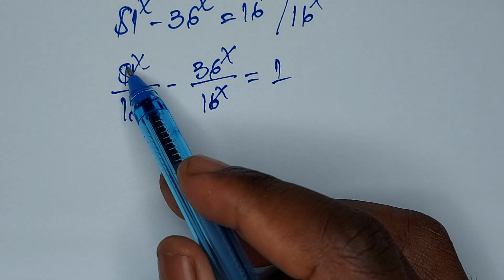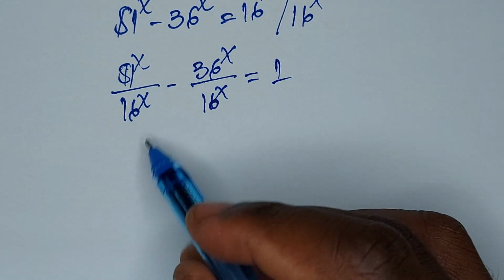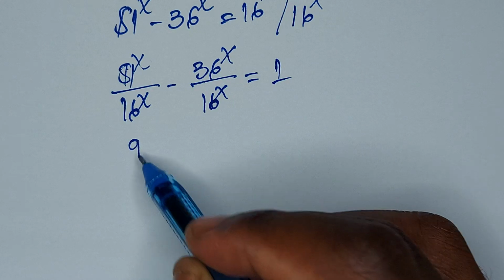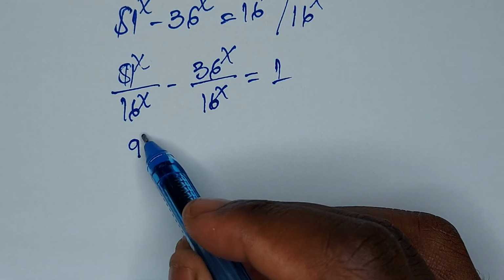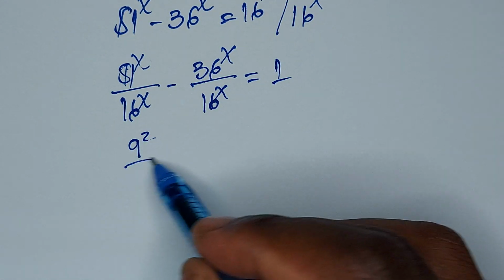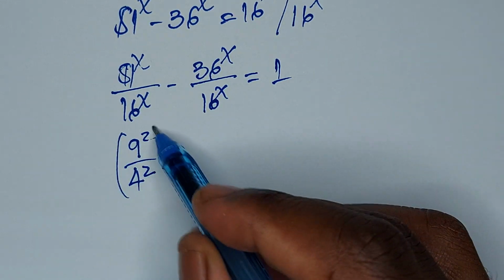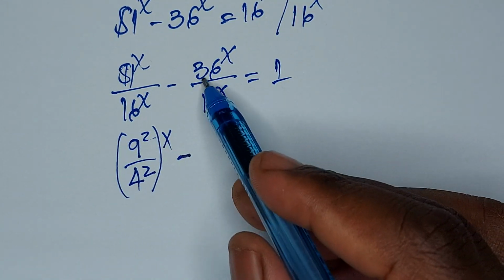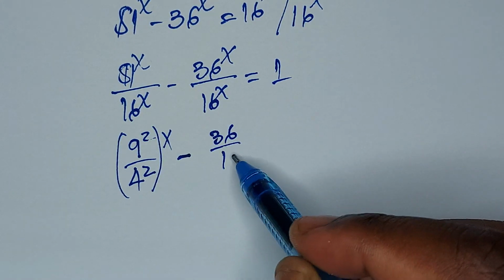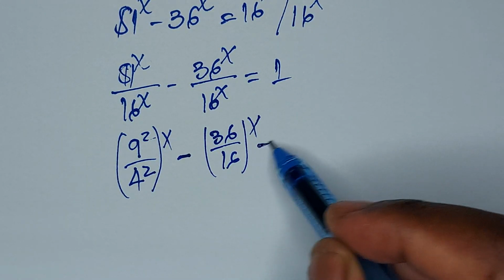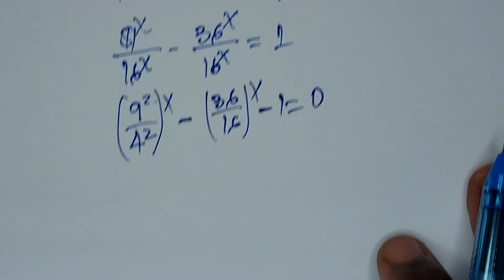So now, 81 is 9 squared, and 16 is 4 squared, all to the power of x, minus 36 over 16 to the power of x, minus 1 equals 0.